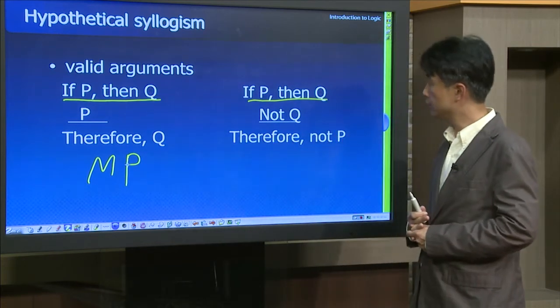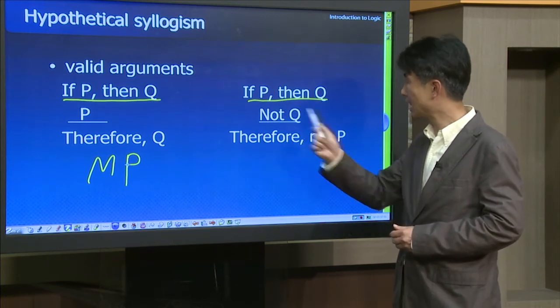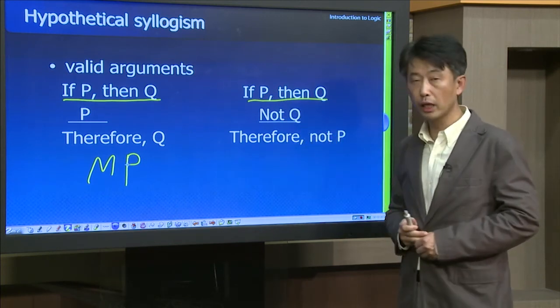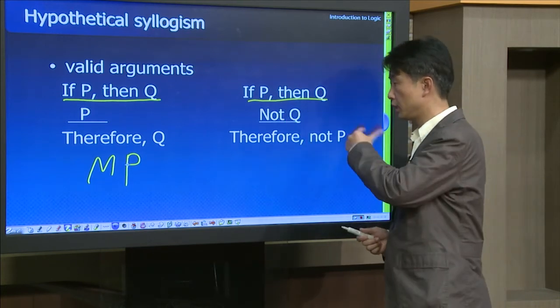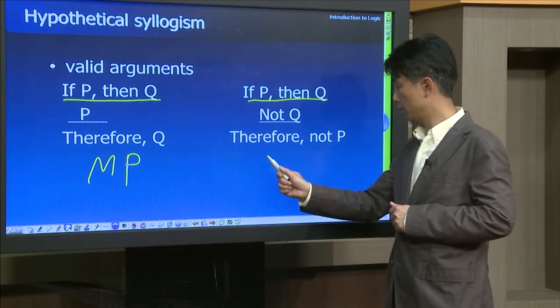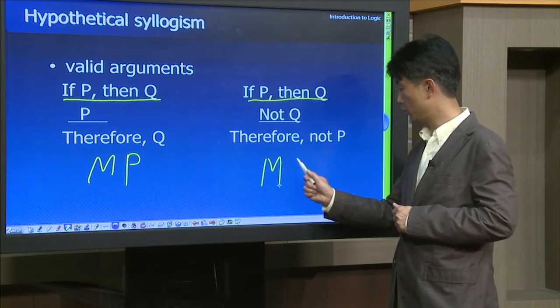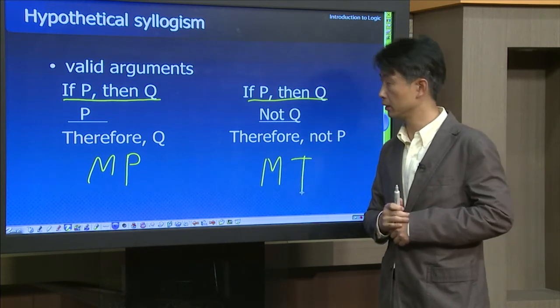The other type is if P then Q, and we know that Q is not the case, then we can conclude that P is not the case. It goes the opposite way. It's called MT, modus tollens. And again, this is a valid argument.